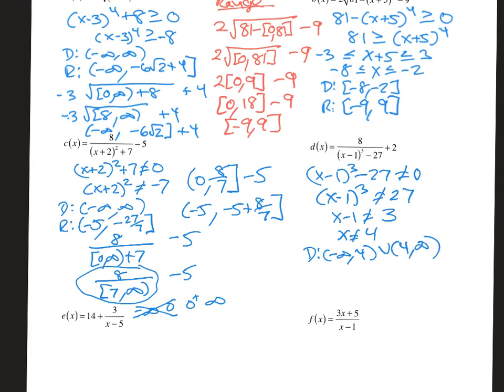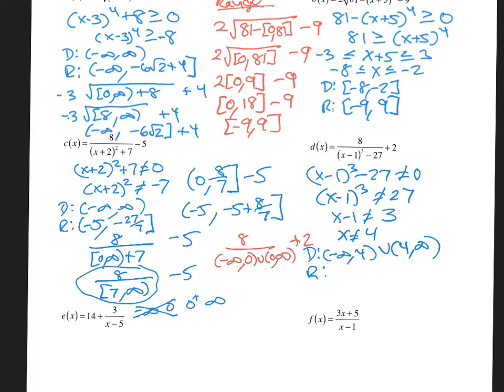Okay, so now when I think about doing my range analysis, let me do a different color here. 8 divided by, well, something to the third power can be anything. And it can be positive and negative. So the only thing in the denominator I can't have, including when I add the negative 27 to the mix, is I just can't divide by 0. But otherwise, it can take on any value here.